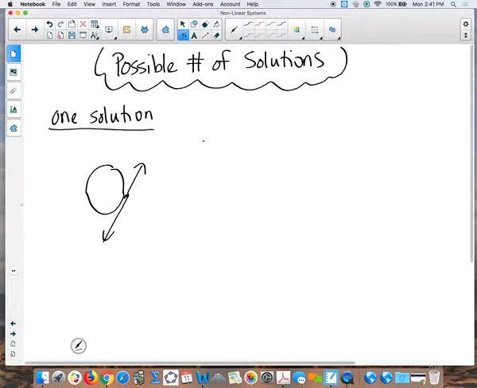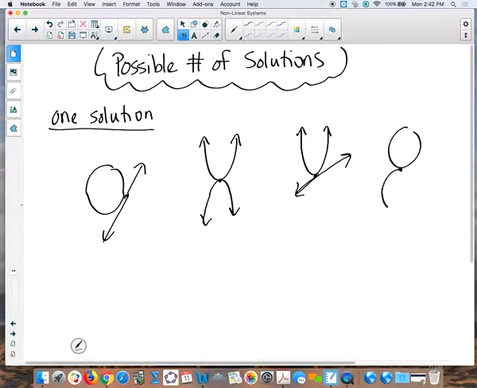It could be perhaps two parabolas being tangent at, let's say, their vertex. It could also be a parabola and a line, as long as that line is just tangent to it in one spot. It could be two circles, again, just having that one point of tangency. So that might be what a system would look like if you were to graph them and have one solution.